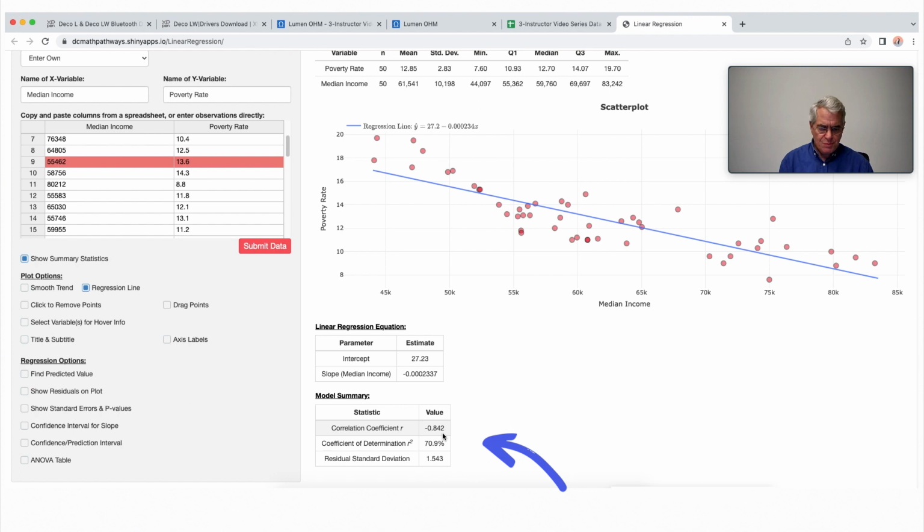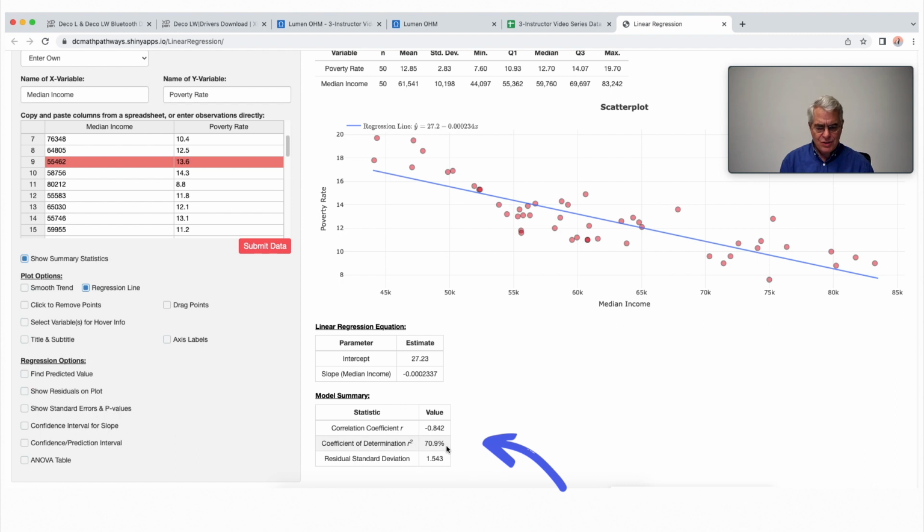We saw this before. The correlation coefficient is negative 0.842. The coefficient of determination is essentially the square of the correlation coefficient. Negative 0.842 squared equals positive 70.9.